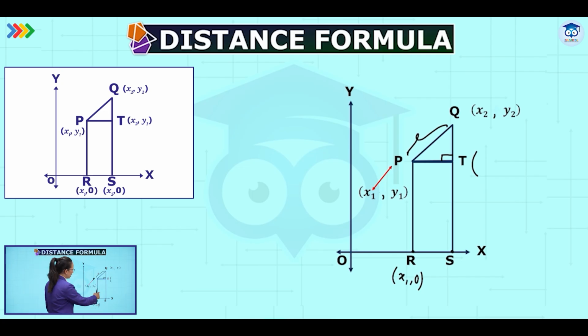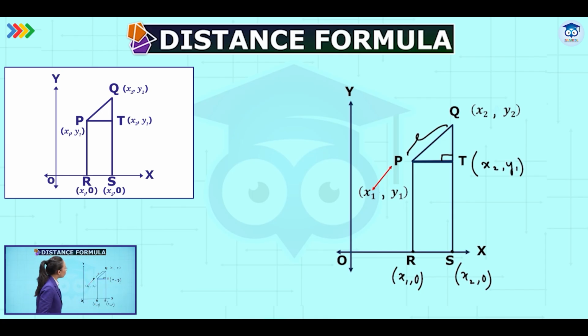Similarly, this point is nothing but (x2, 0) because this is on the x-axis. So we have here (x1, 0) and (x2, 0). So now when we look at this, we have this much distance. And this point is (x2, y1).